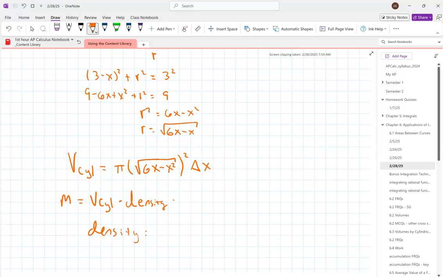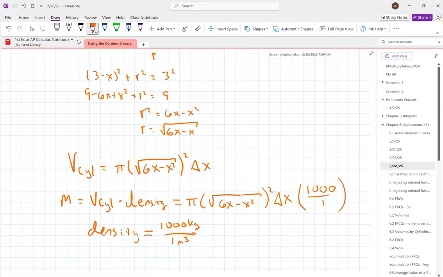It was given to us previously. It's like 1,000 kilograms per cubic meter. So this is my volume times my density.